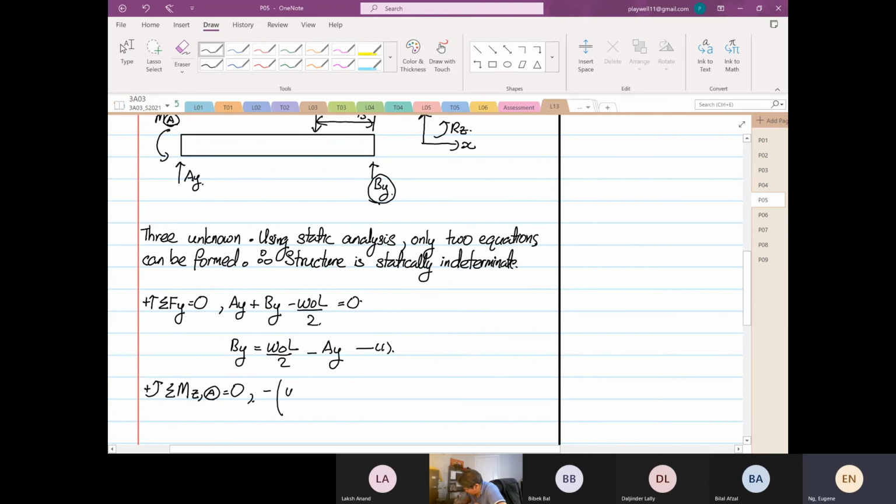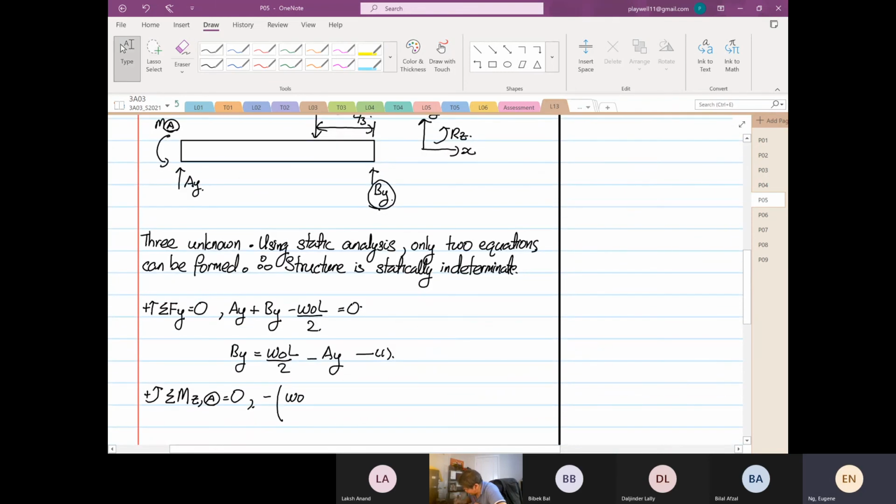So we have omega naught L over 2 multiplied by 2L over 3 plus BY times L. Right, the whole thing is equal to, and then you have plus MA. Okay, because now we're taking moment at this point, the point that I just drew the dot.